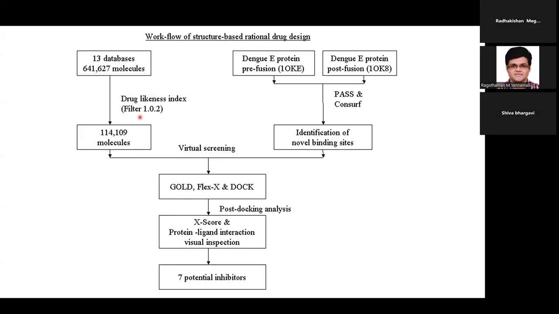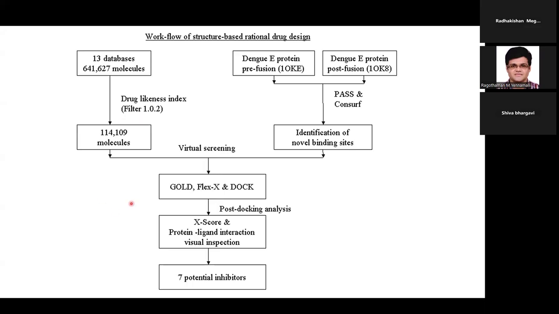Then we filtered those molecules with a drug-likeness index using the tool Filter, where it uses not just Lipinski's rule of 5, it also looks at the number of hydrogen bond acceptors, the country where they are going to be procured from, the country where they had been designed, how easy it is to design, and so on.